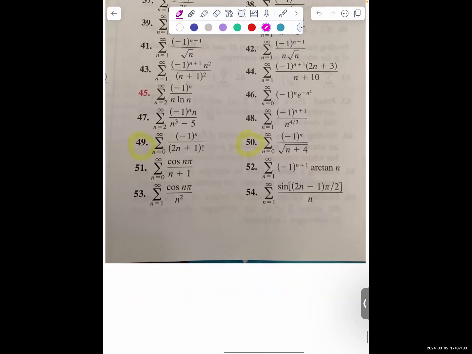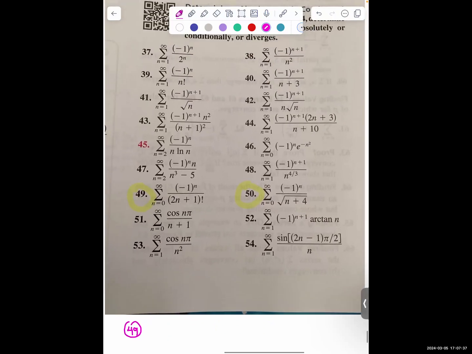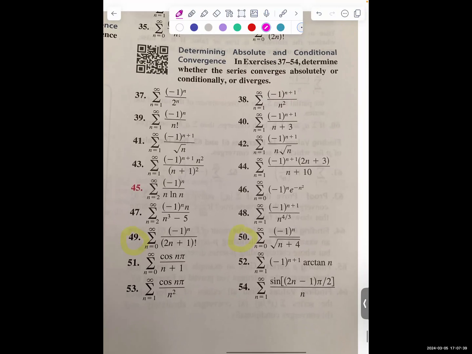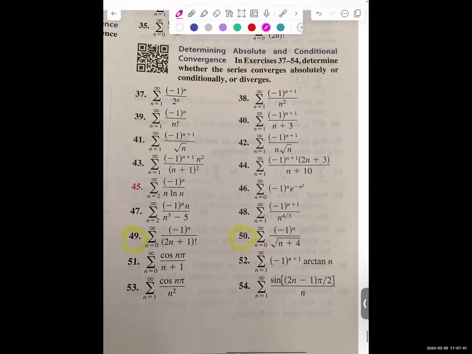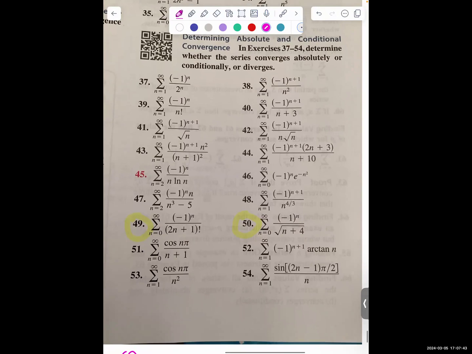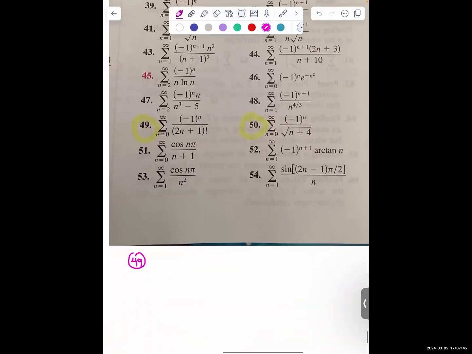And then the person also had questions on 49. For 49, it still asks whether it converges, but this time it asks if it's absolutely or conditionally. I'll mention something that is often confused on the homework assignment, or sorry, on the Castle Attack as well. I saw some mistakes on that.